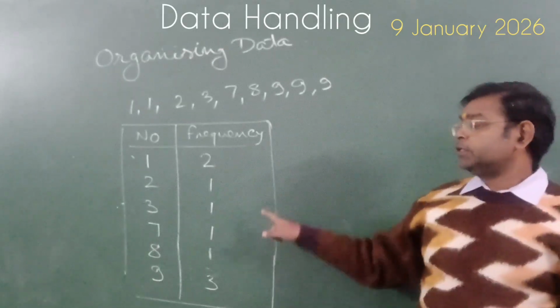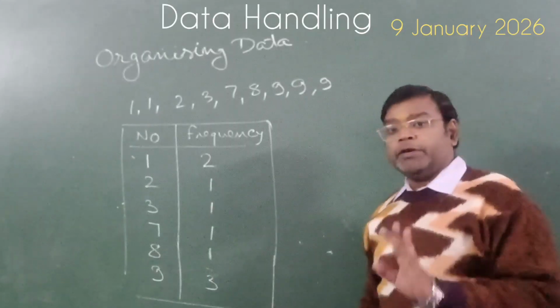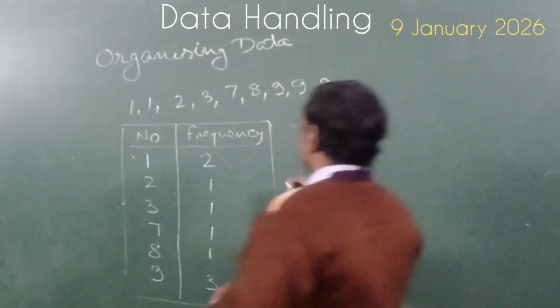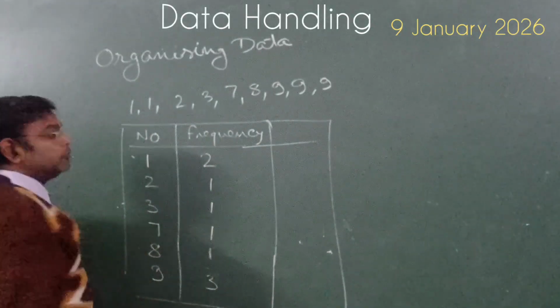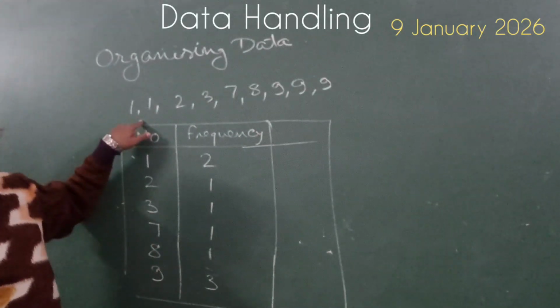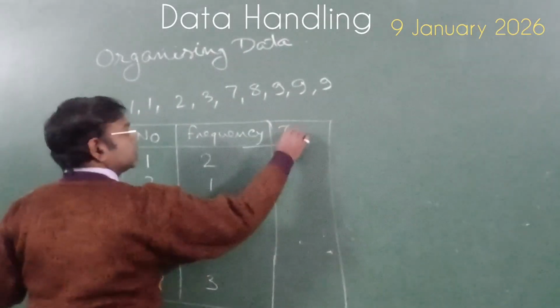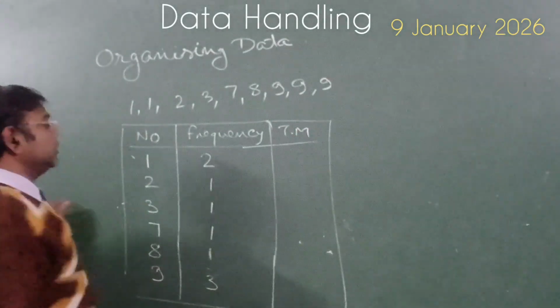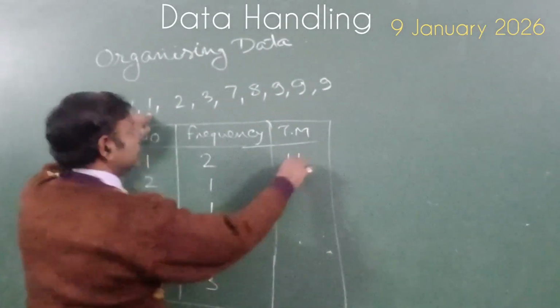And we show their frequency by using tally marks. I think all of you are already aware of tally marks. Once again, tally marks are simple vertical lines we use while counting before writing the frequency. For number 1, which appears 2 times, we use two bars.